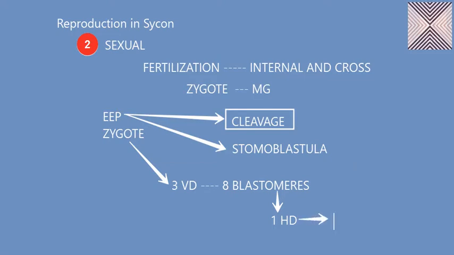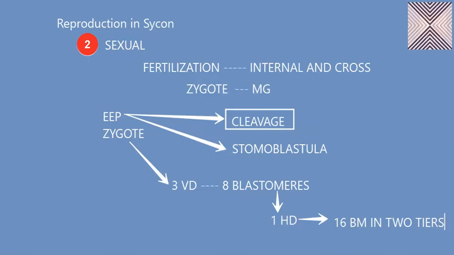They will give you 16 blastomeres, but they are in 2 tiers. That means they are in 2 layers. So just imagine, you have 8 blastomeres and you cut them horizontally. It will give you 8 blastomeres on the top and 8 on the lower side. So you've got 16 blastomeres in 2 tiers.